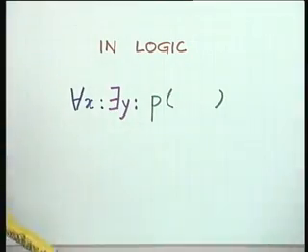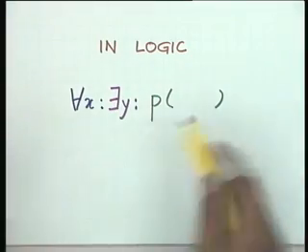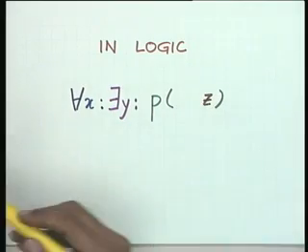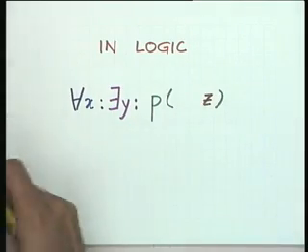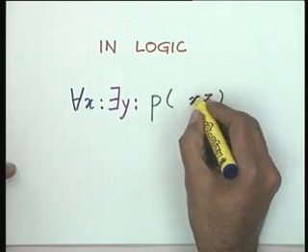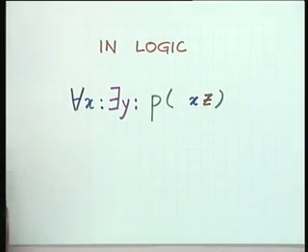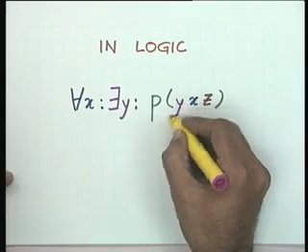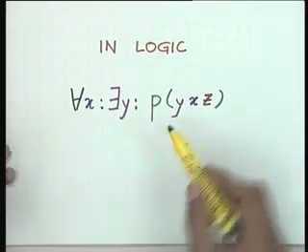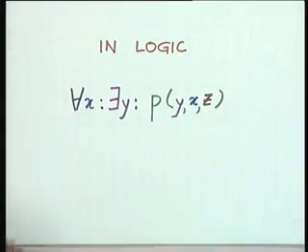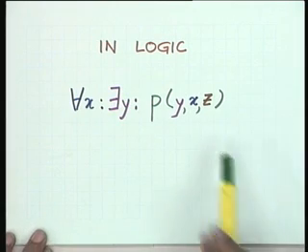So, you could have maybe a z, you could have x, you could have y. This is a common thing.